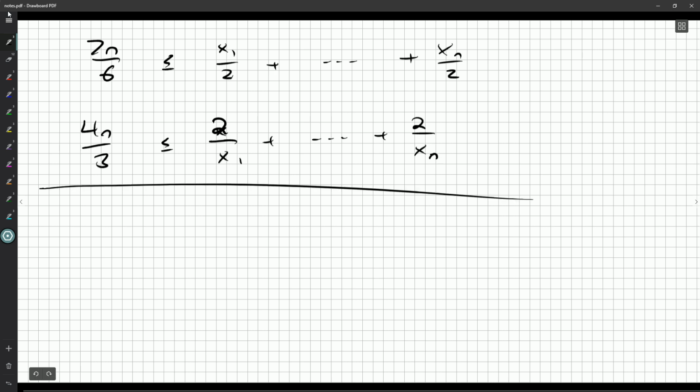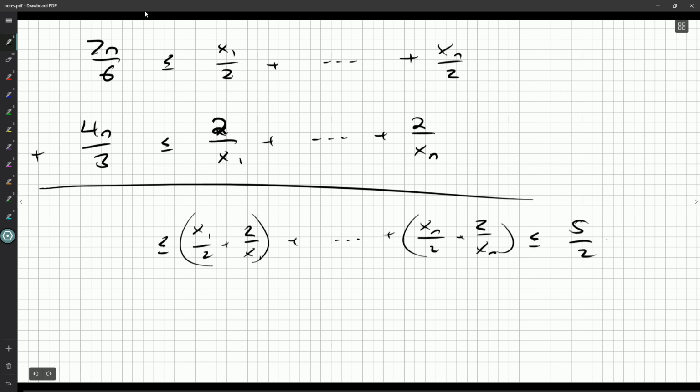But when I add these up and group these together, we know that each of these is at most a half. So this is 5 halves over n. And so this should give me a little bit of wiggle room. Now 7n over 6, let's change this to 8n over 6.